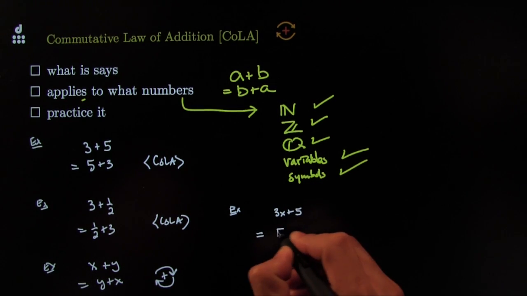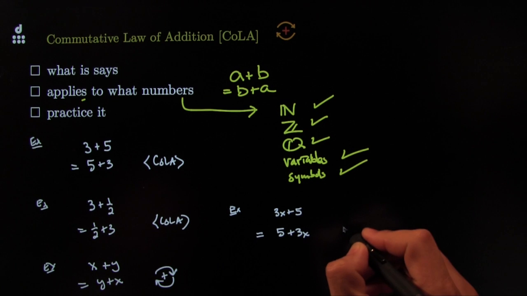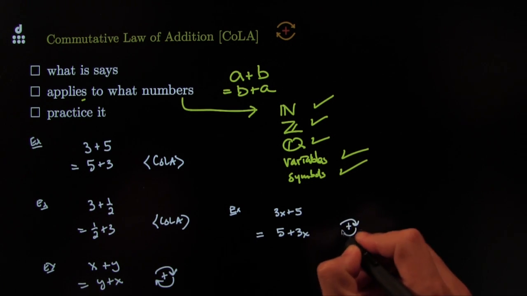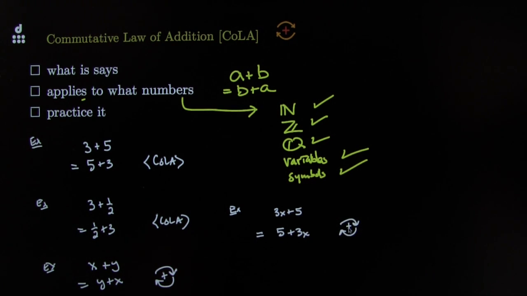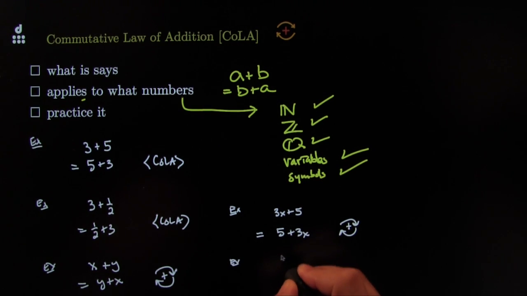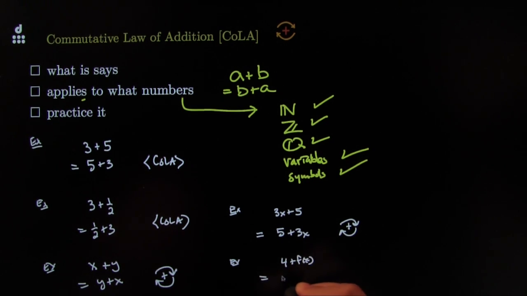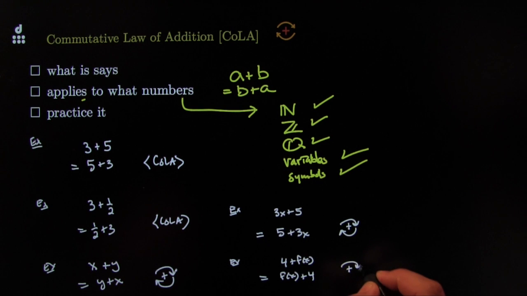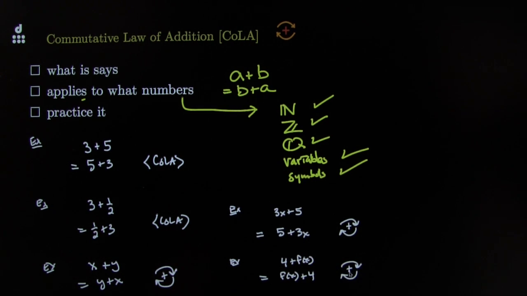Can I write that as 5 plus 3x? Yes. All you did is move the things around the plus. That's called commutativity law of addition. One more. What if I have 4 plus f of x? Is that the same thing as f of x plus 4? Yes, because all you did is use commutativity law of addition.